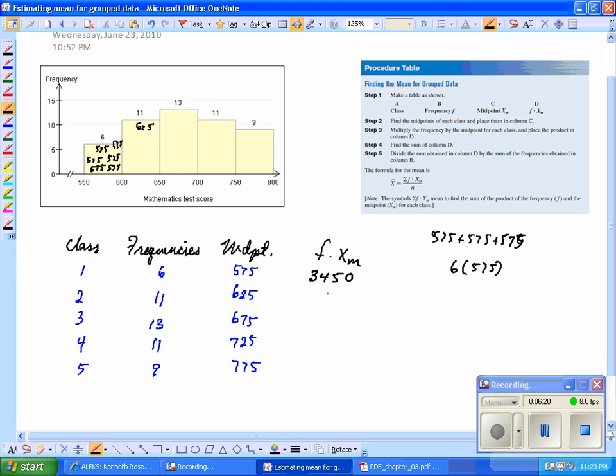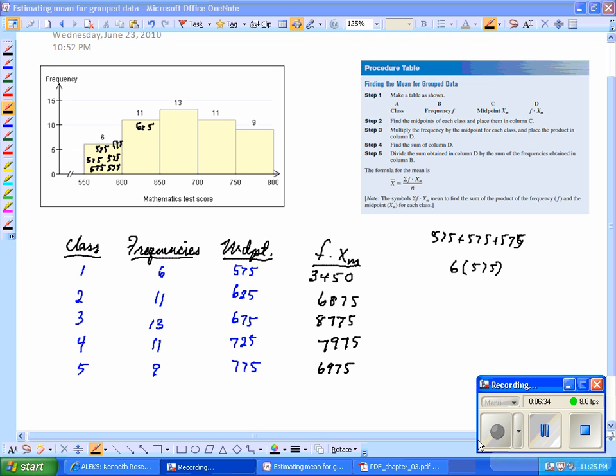And that is, let's see, 6875, 13 times 675. I don't know. I'm going to pause and use the calculator. Hold on. Okay, now that I have those all multiplied out, I need the total because the total represents the total score of all these students. It's my best estimate of the total score. I don't actually know what the total score is, but I do have a decent estimate now based on this information. So I'm going to add up all this.